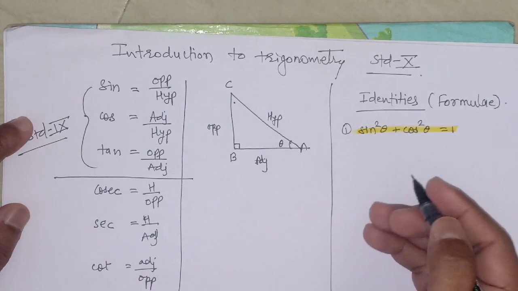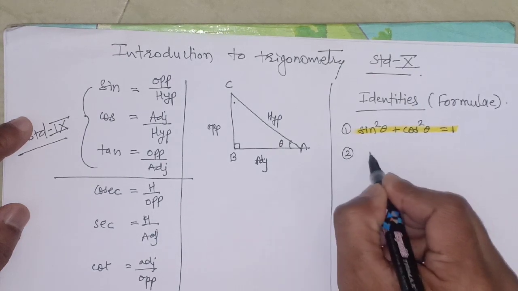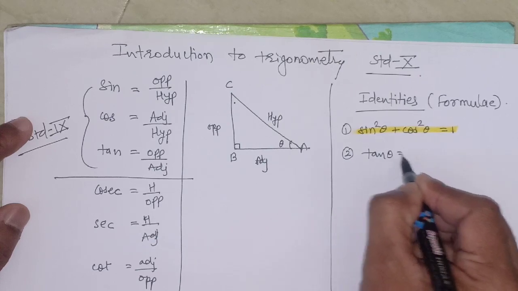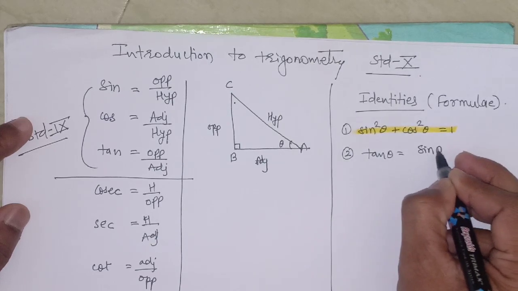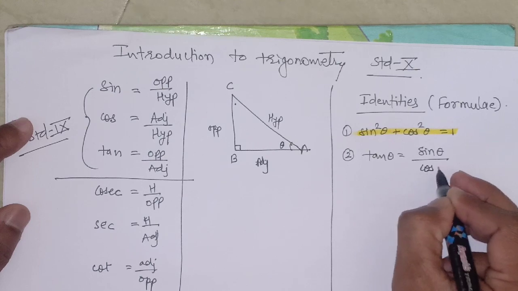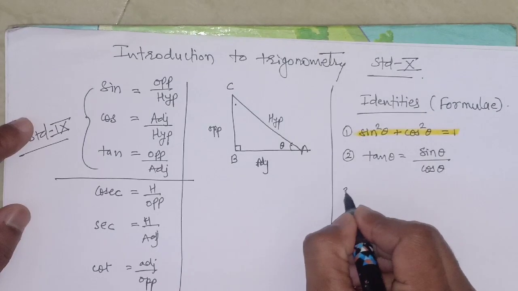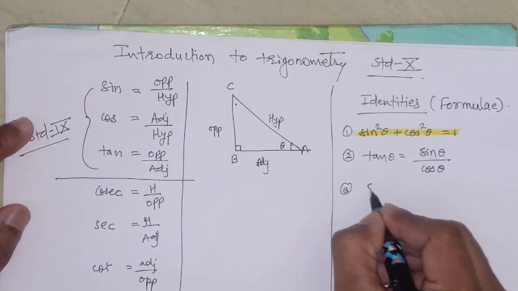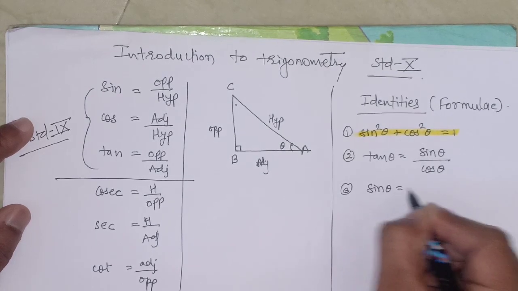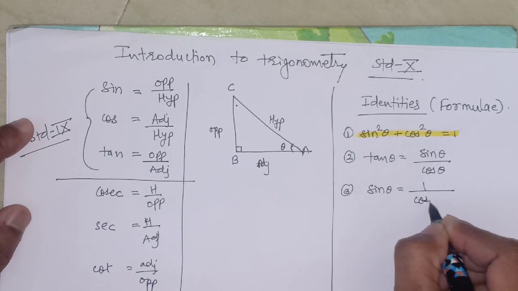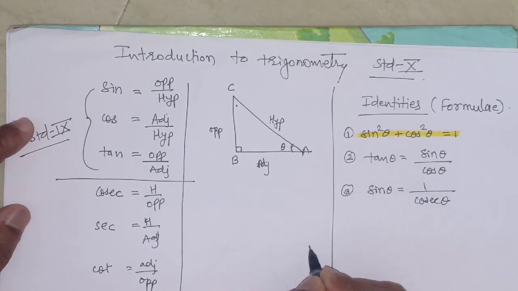Then some formulae are there. Tan theta is sin theta upon cos theta. Third formula is sin theta is 1 by cosec theta.